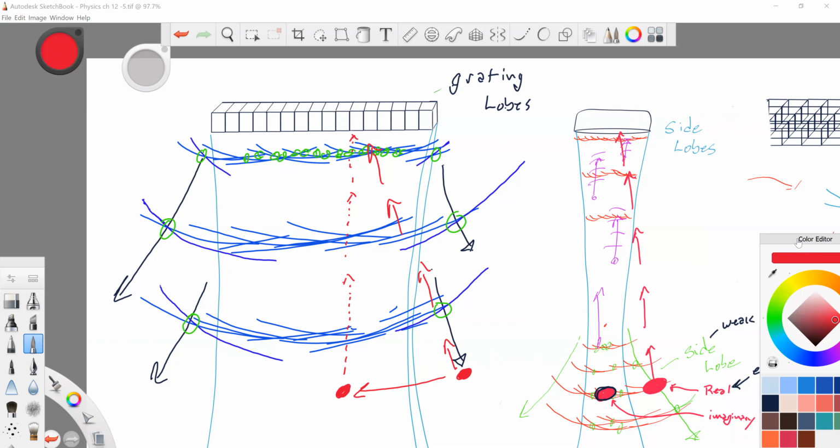So how do we fix this? Well, there's a couple of things that we can do. Obviously, if you think about it, these middle elements aren't causing the grading lobes. These middle elements, they're causing all of those interactions.